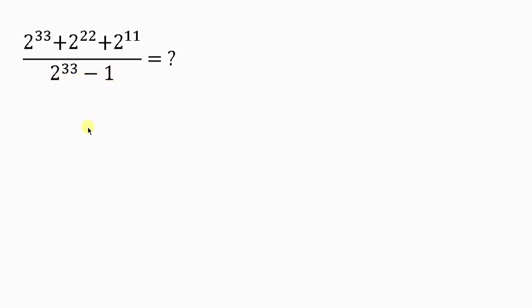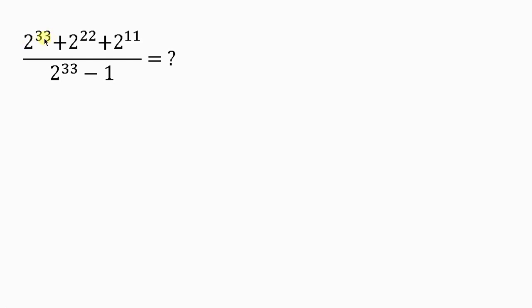Well, our first step is to observe that the lowest power in the numerator is 11. And notice 22 and 33 are multiples of 11. That means we're going to be breaking down 22 and 33 such that they have 11 in them.